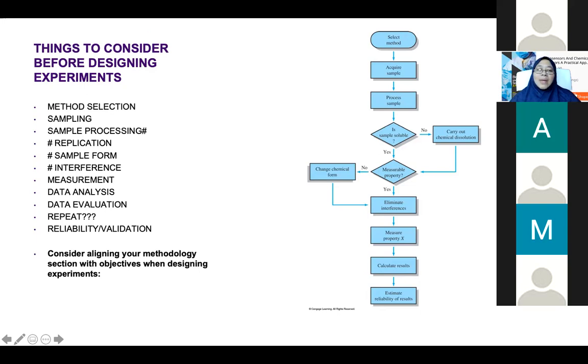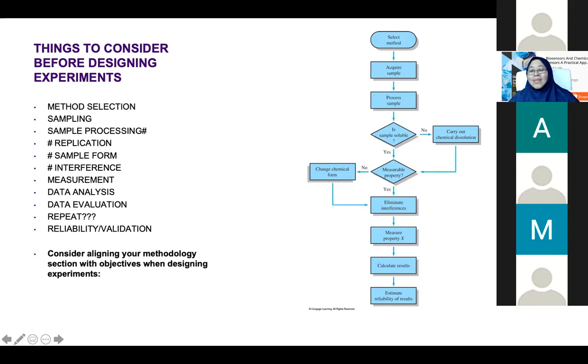Okay. So method selection, this is the one that you have done during your literature review. If you decided to, again, I use nanomaterial preparation and characterization. In designing the experiment, you should know that the techniques to confirm that it is nanostructured have to be in your experimental design.